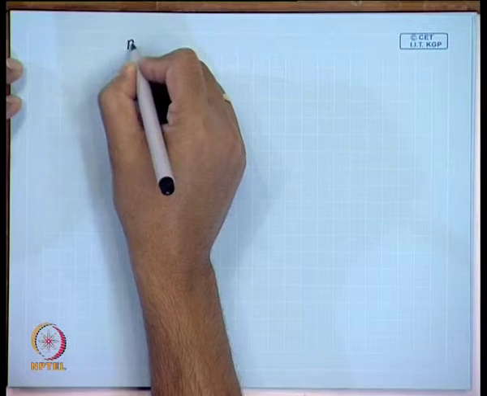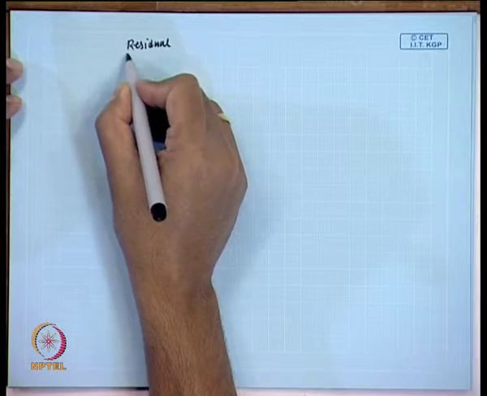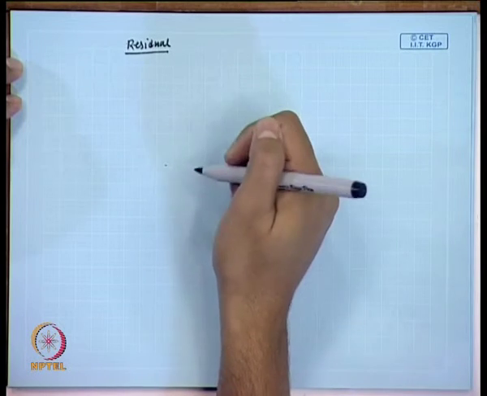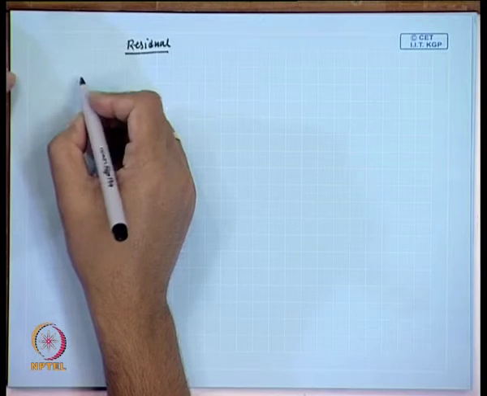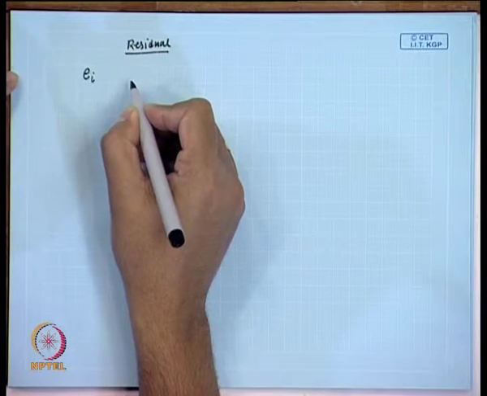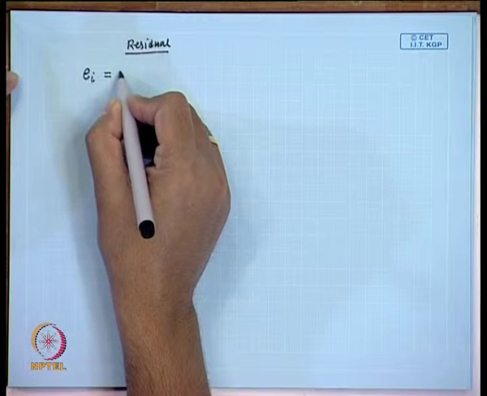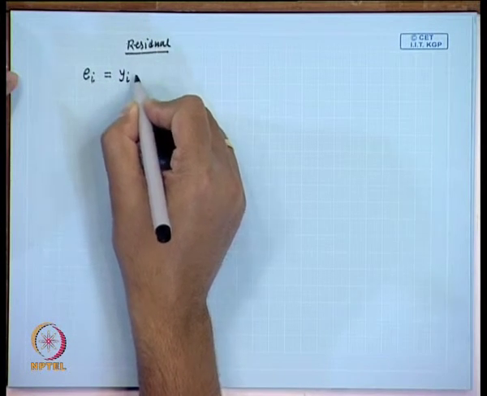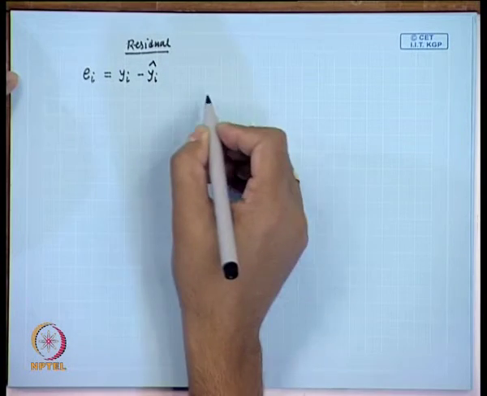So, the residual first, you know what is the residual in simple linear regression model or multiple linear regression model. So, e i, the ith residual is equal to y i minus y i hat.